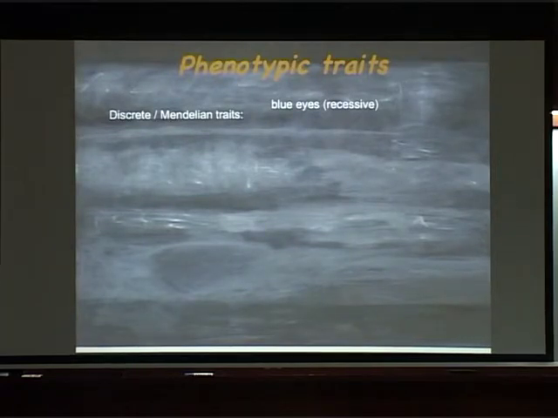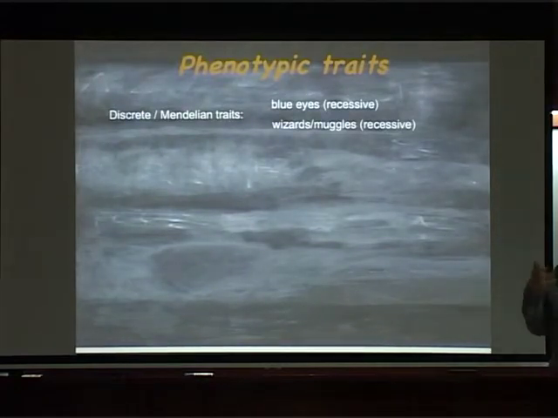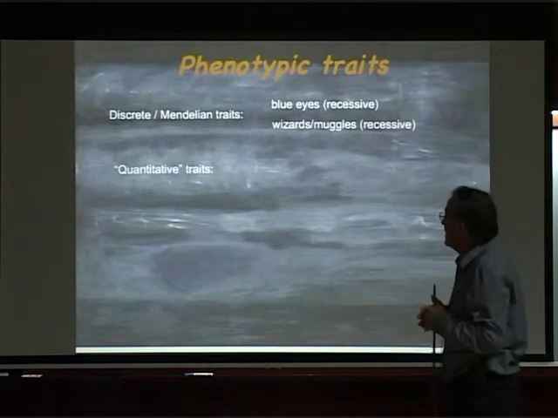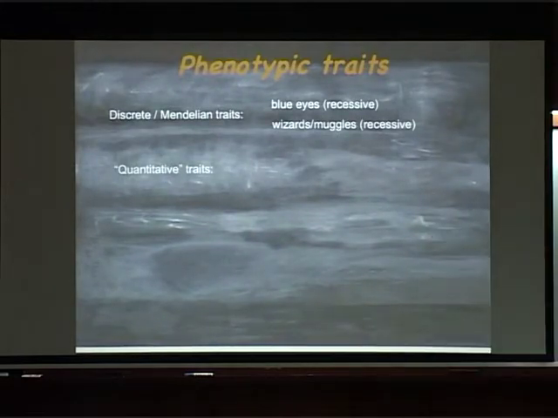We also learned at school about blue eyes, a nice discrete recessive trait. We also know that wizards and muggles are a discrete trait, although I'm not entirely sure where the experimental data comes from. So that's Mendelian genetics that we learned about in middle school.